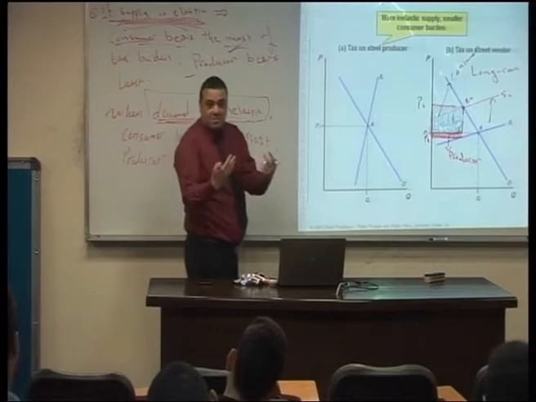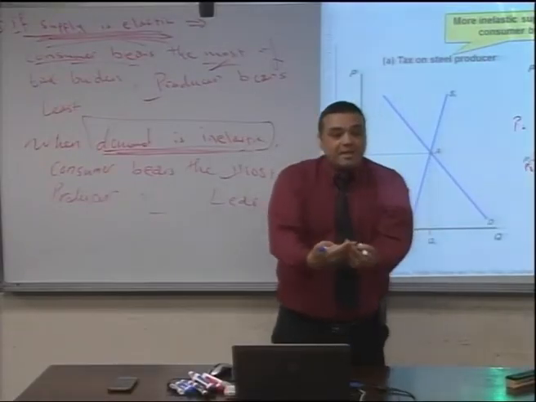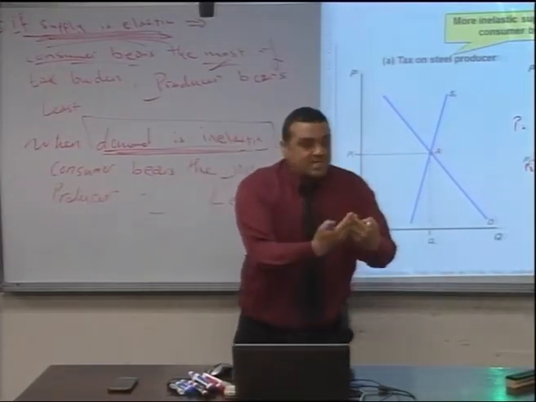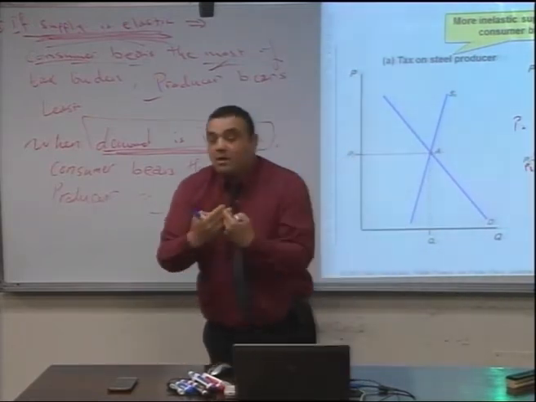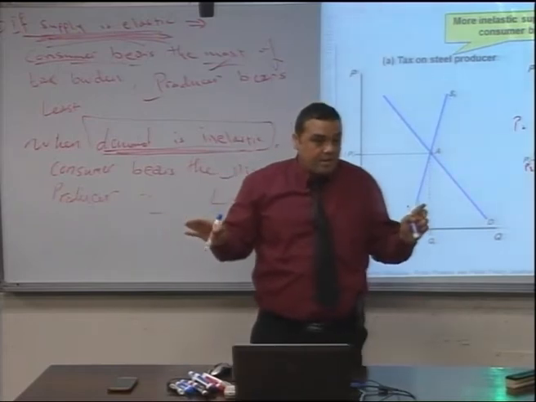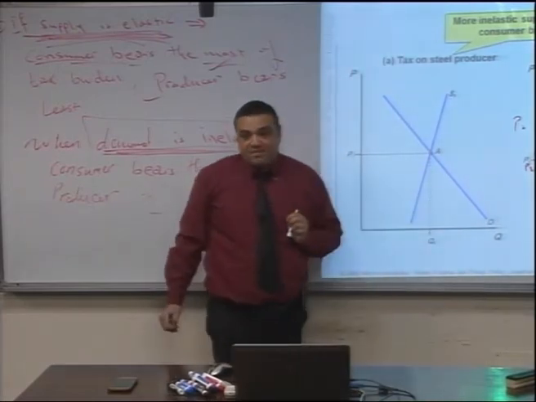By the way, the opposite also happens. Inelastic demand equals elastic supply. Elastic demand equals inelastic supply. Perfectly inelastic demand, perfectly elastic supply. Okay? And we will check it on the graph here.